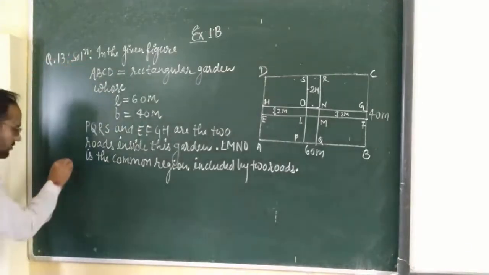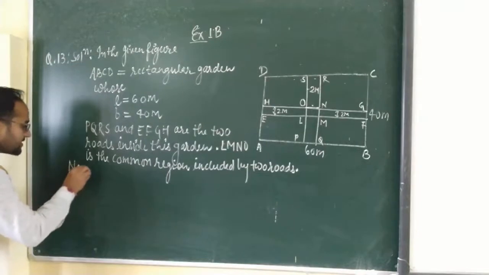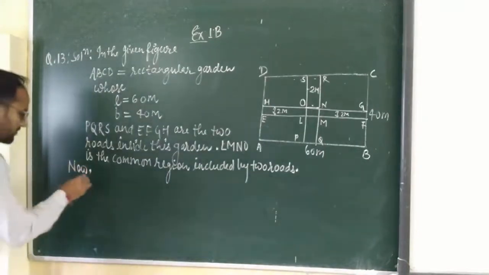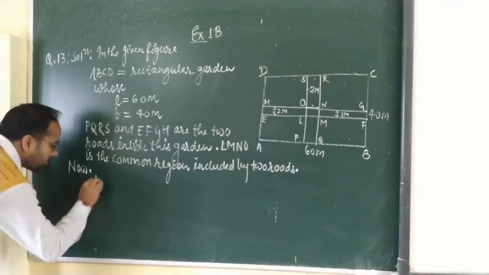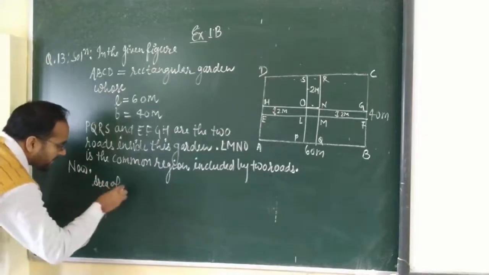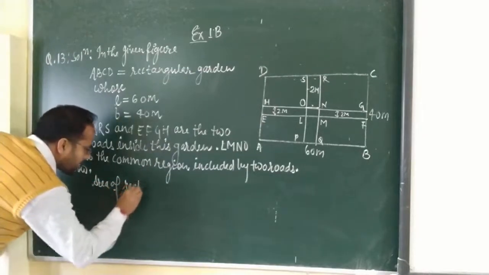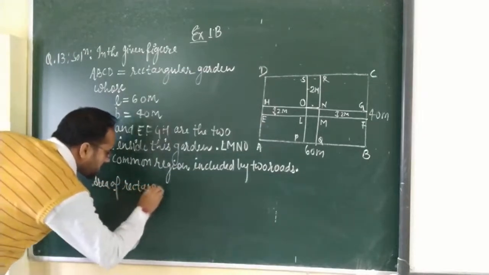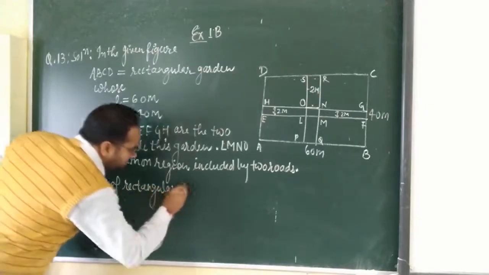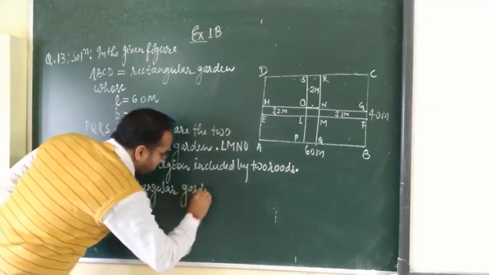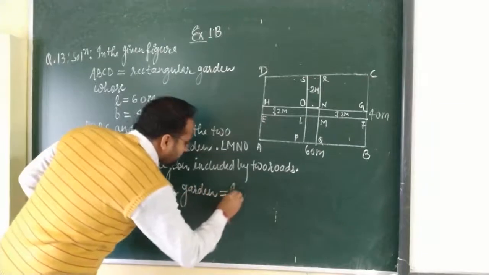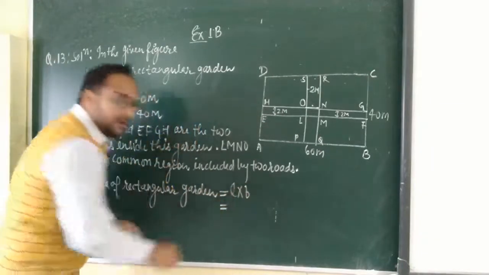So now this thing is given. The area of the rectangular garden is length multiplied by breadth.